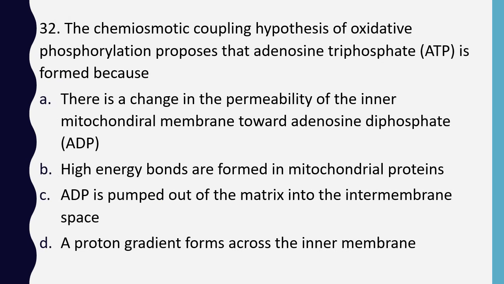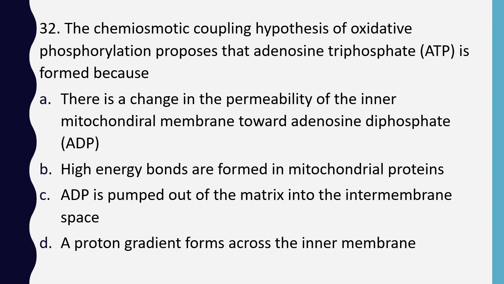Question number 32. The chemiosmotic coupling hypothesis of oxidative phosphorylation proposes that adenosine triphosphate or ATP is formed because there is a change in permeability of the inner mitochondrial membrane towards adenosine diphosphate. High energy bonds are formed in mitochondrial proteins. ADP is pumped out of the matrix into the intermembrane space.